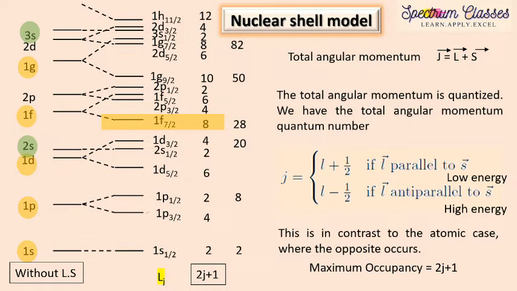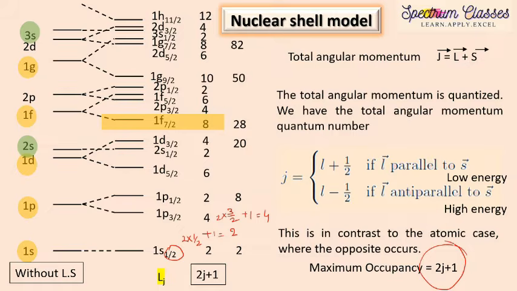The maximum occupancy for these states is equal to 2j plus 1. So if I want to calculate the maximum occupancy for j equal to 1 by 2, it is 2 into 1 by 2 plus 1, so I will get 2. Here, 3 by 2 into 2 plus 1 is equal to 4.